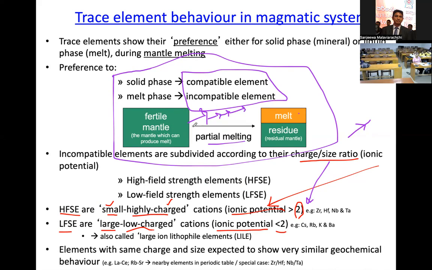Similarly, the more you melt your original mantle, the more mafic the residue becomes, and more and more mafic at the final stage. So at the final stage, you have a very mafic residue.